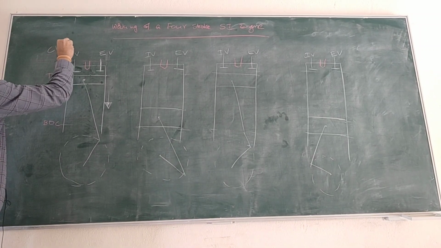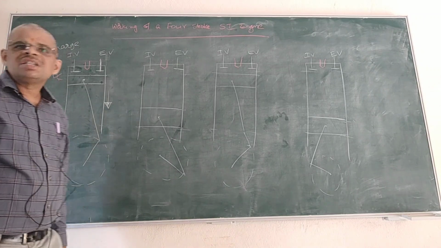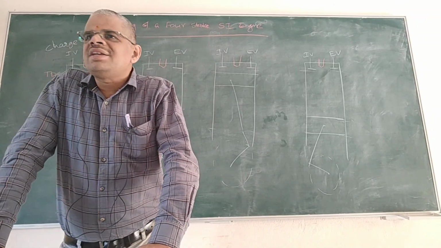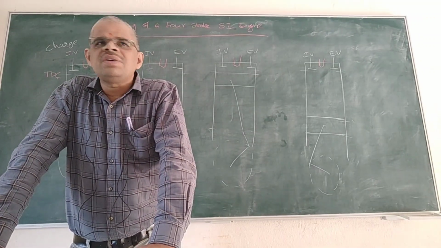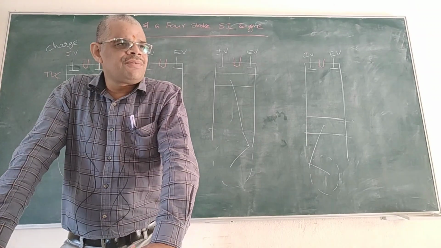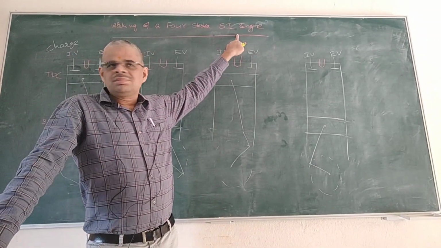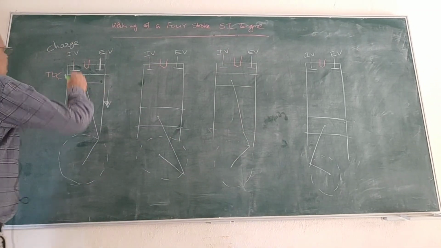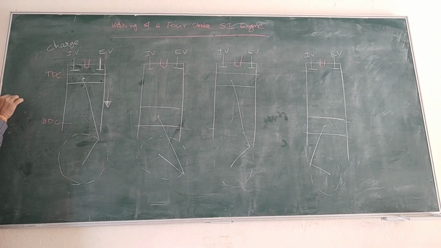So what is this charge? The fluid which is entering into the cylinder is called as charge. And this charge differs from engine to engine. In case of spark ignition engine, the charge is fuel plus air.